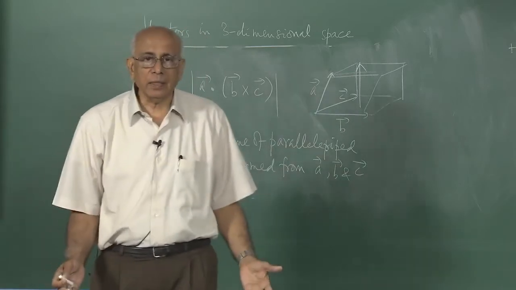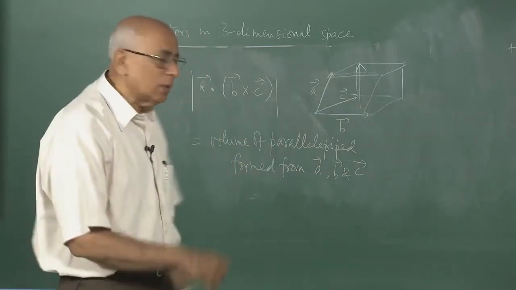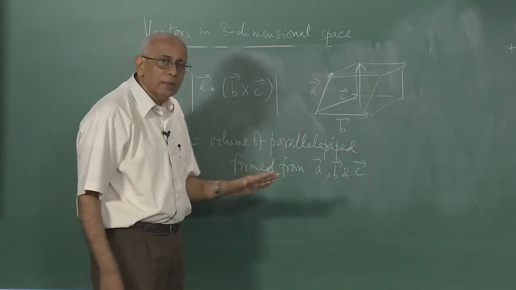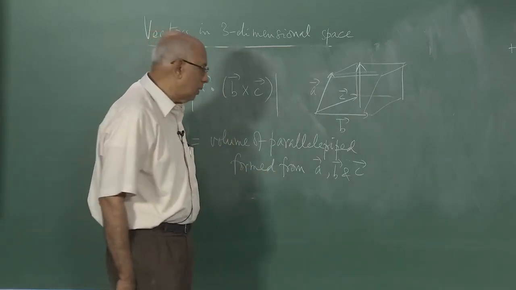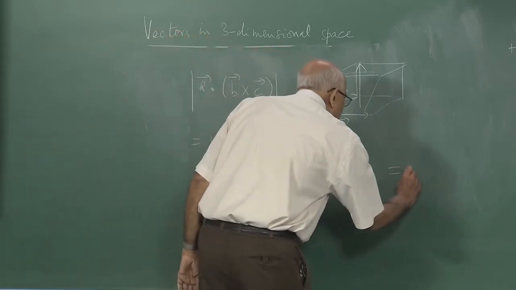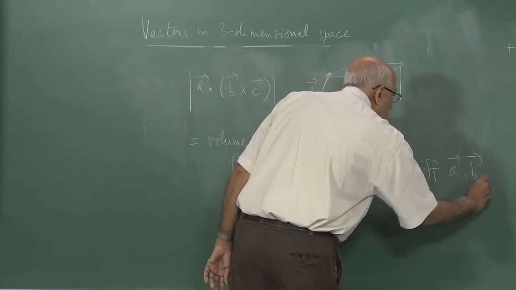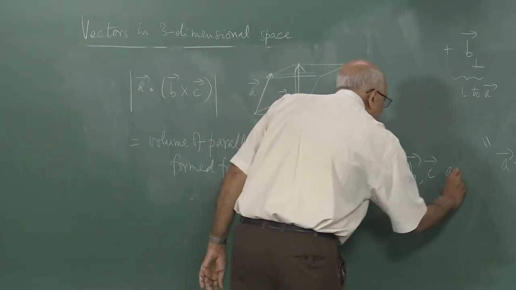So the volume vanishes, the volume is identically 0. So in the case in which A, B, C are coplanar, this is identically equal to 0. Equal to 0 if and only if A, B, C are coplanar.